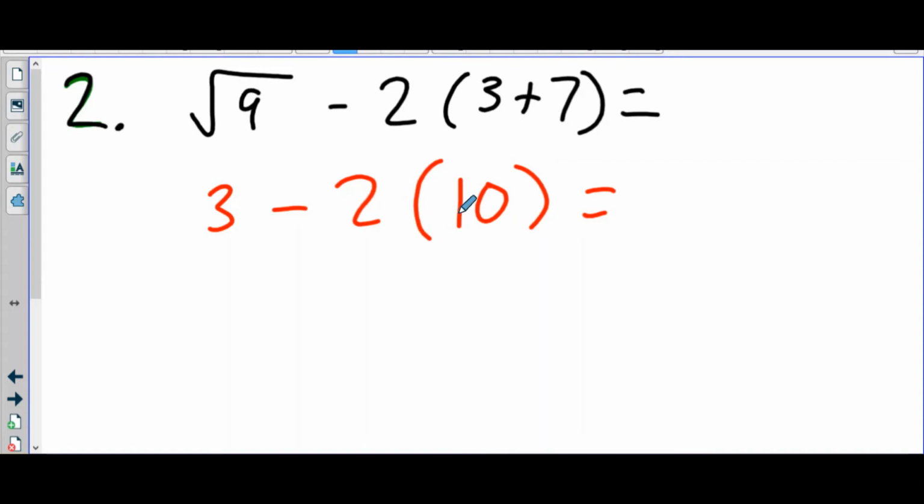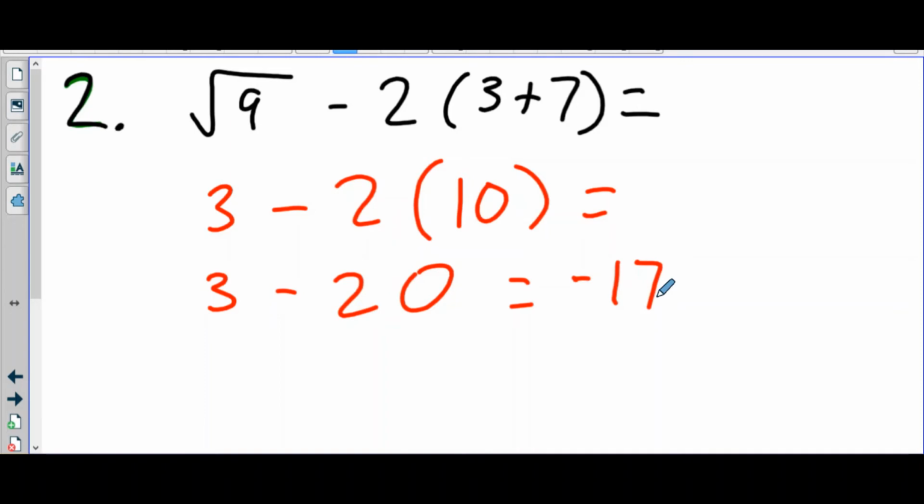I have a 2 next to a set of parentheses. Anytime there's no symbol, that's multiplication. So I have multiplication here and subtraction here. Well, multiplication comes first, so that's my next step. 2 times 10 is 20, so 3 minus 20. And then 3 minus 20 is going to equal negative 17.